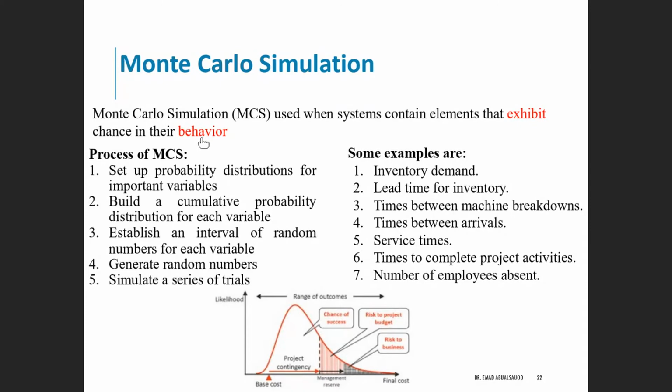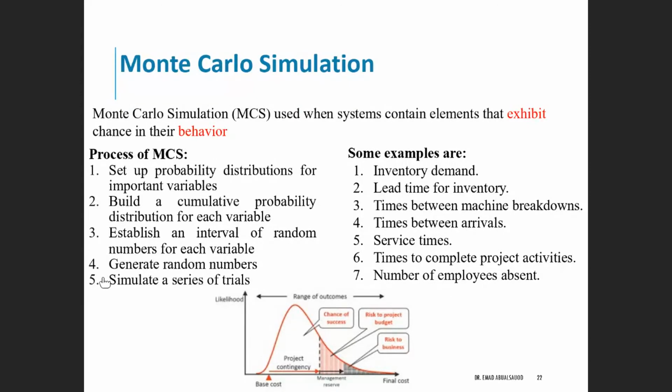It's a basic model, but it can be widely implemented, and many examples can be inventory demand, lead time for inventory, time between machine breakdowns, as we explained, time between arrivals, service time, time to complete project activities, number of employees absent. All that can be applications of the Monte Carlo simulation.